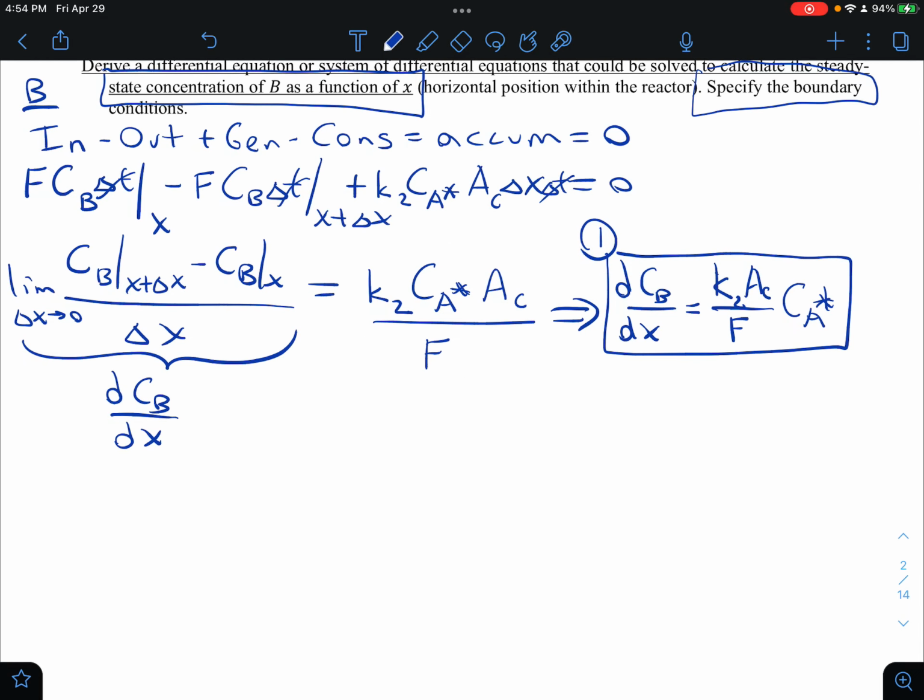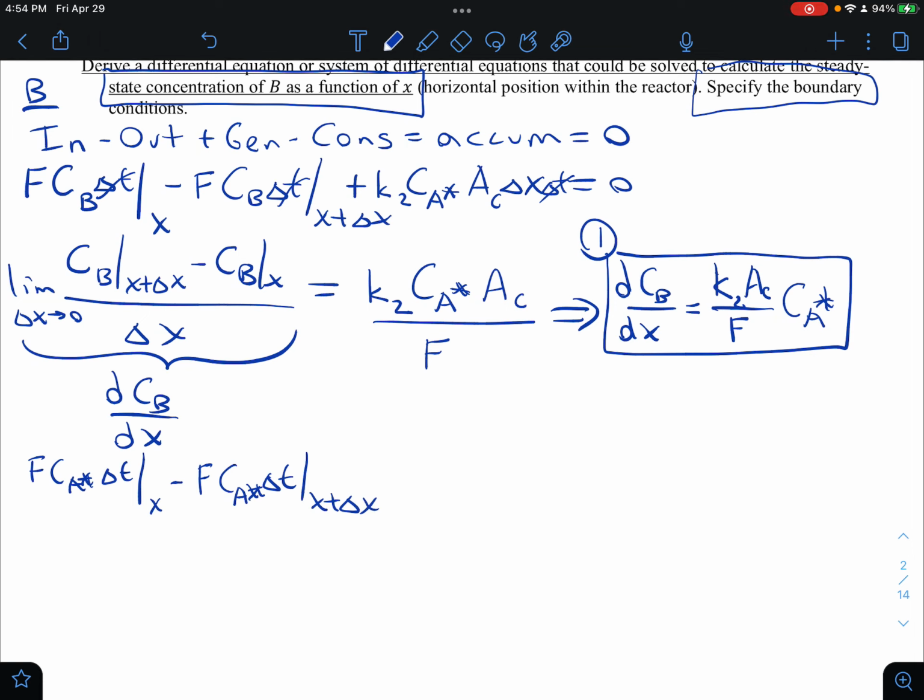We're going to do it as input minus output. So F CA star delta T evaluated at x, minus F CA star delta T at x plus delta x.